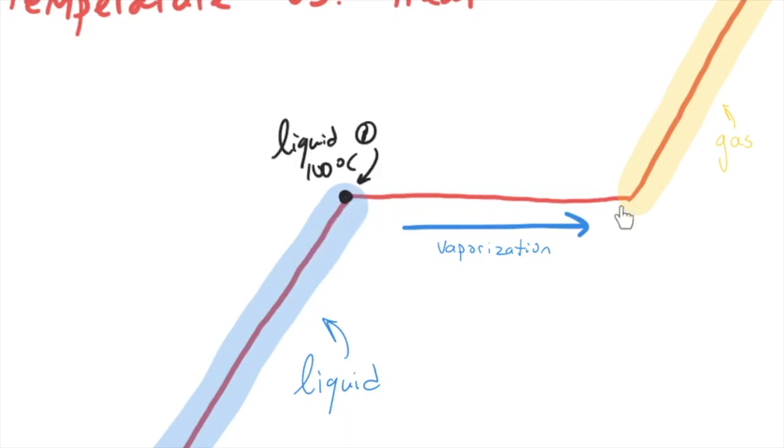And this part of the curve right here, where it stops going horizontal and begins increasing again, shows me the part where it is gas at exactly 100 degrees. And again, these two are very important points of the graph, so it's important to know where they are and what they represent. Whenever the graph changes direction, that's an important part of the graph, so know those points.